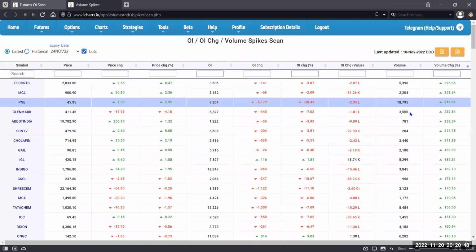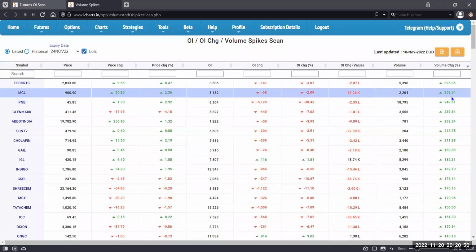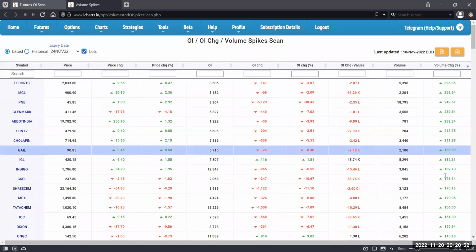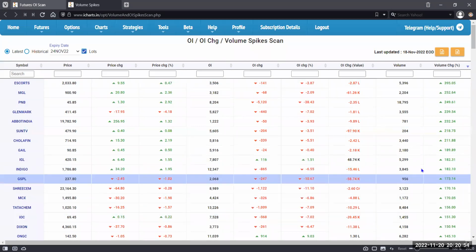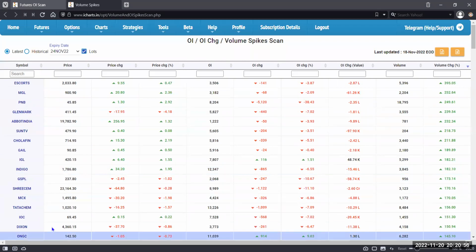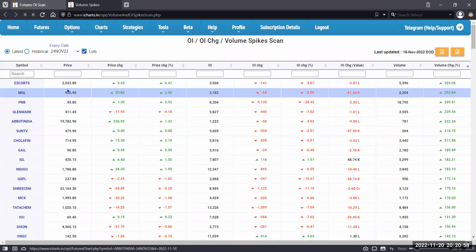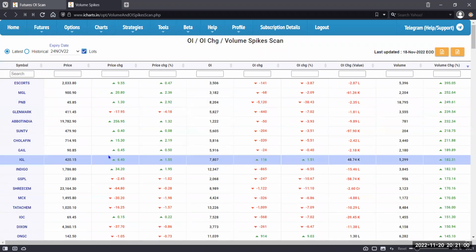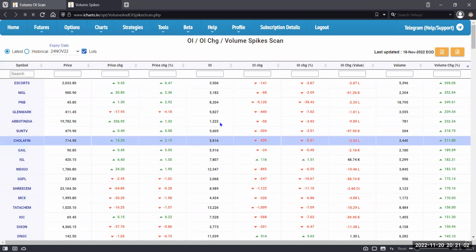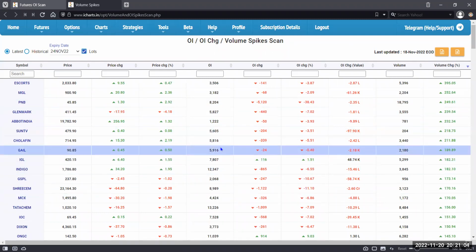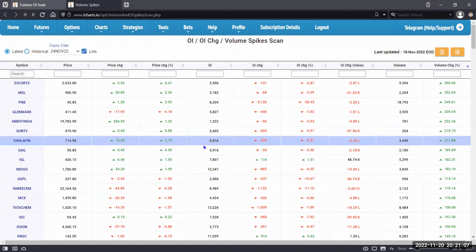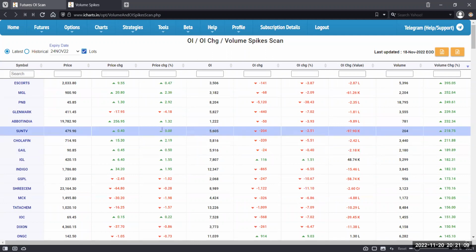Sometimes you will see only one or two scripts more than 100%, and the others are less than 100%. That means there is not significant volume support to the move that is happening in the market today. So that will give you some idea of the kind of support today's move has.